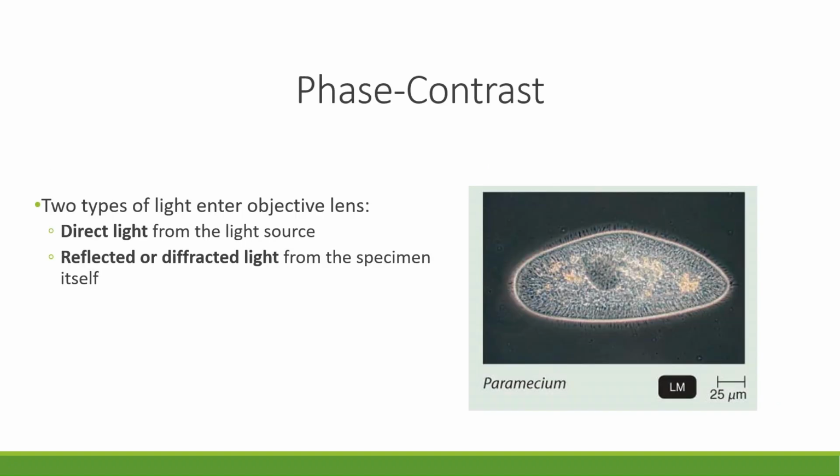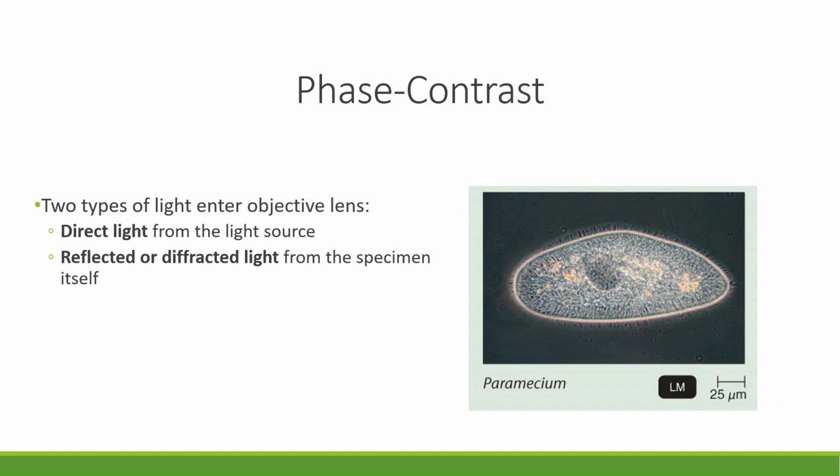Phase contrast is a very complicated form of microscopy. It works by combining two types of light that enter the objective lens: direct light from the light source and light that is reflected or diffracted by the specimen itself. The microscope uses a special phase plate to manipulate the light waves.